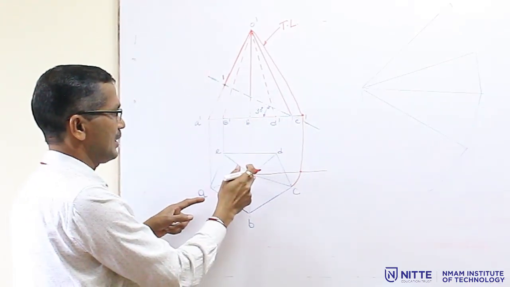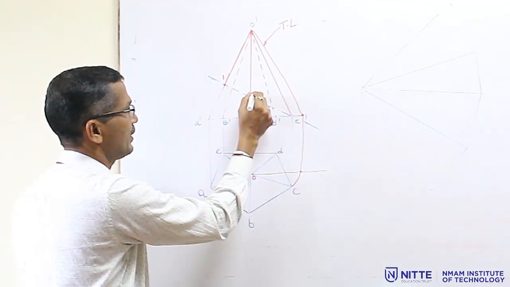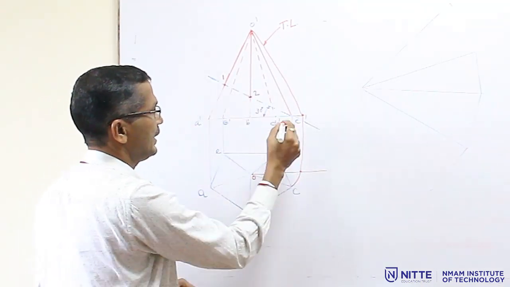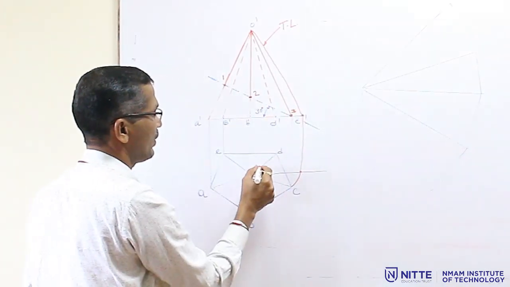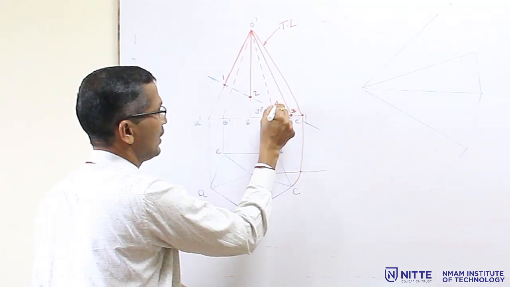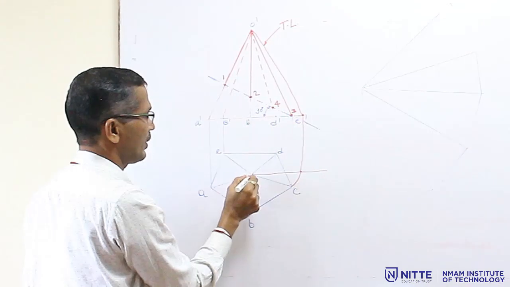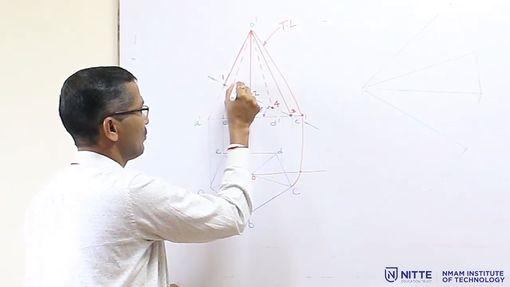The section plane cuts BO, so section point 2 will be here, and 3 is here. Section point 4 is for DO, DO is cut here, and section point 5 is for EO. EO is cut here. So, this is the fifth one.